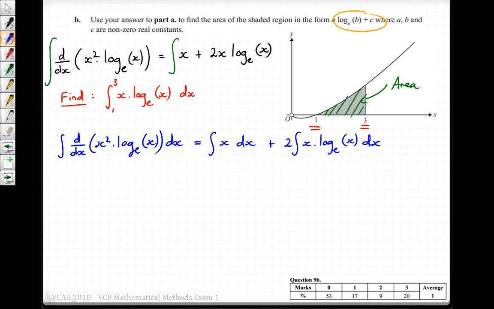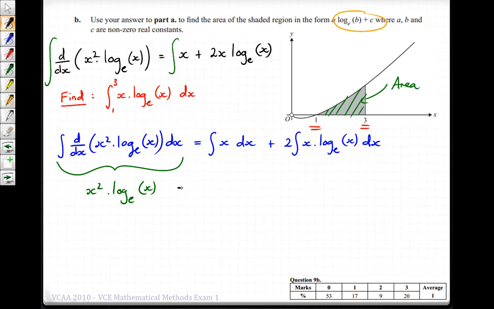Remembering here, I can take a constant out the front, and I can also split up over an addition sign to create two integrals. That's all I've done in that line. What we know about this first term is that d dx and an integral dx will undo itself. So all I'm going to be left with from this term is x squared log e of x.